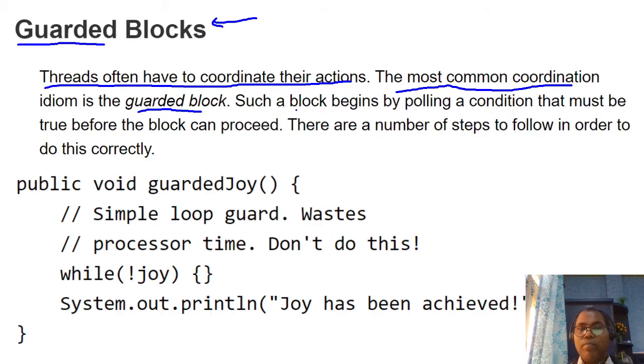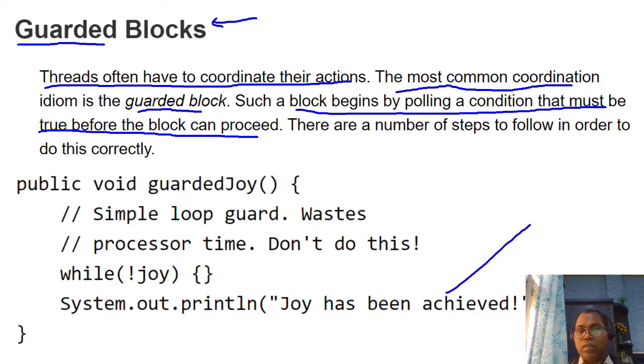A block that begins by polling a condition that must be true before the block can proceed. For example, say there is a condition, and until someone changes it, I have to wait here.